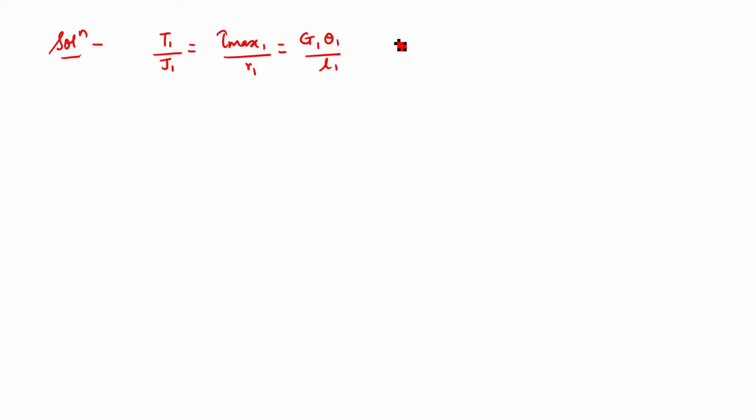Also, I can have the equation as T upon J2 is equal to tau max 2 upon R2 is equal to G2 theta 2 upon L2. Now let me substitute the values in the first equation.